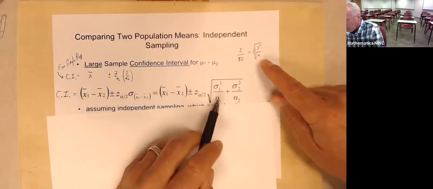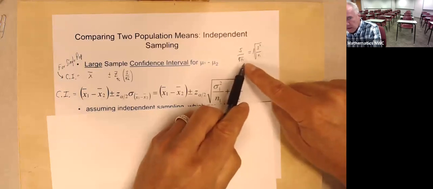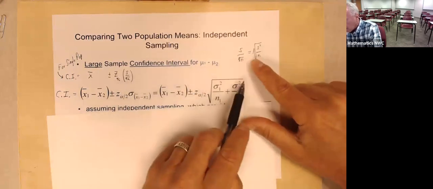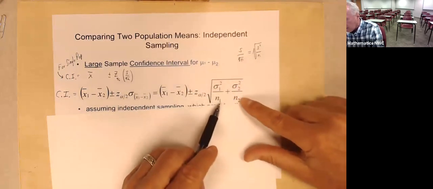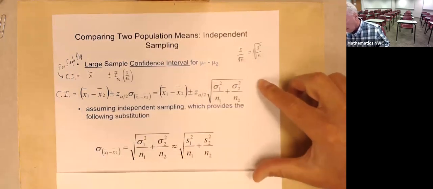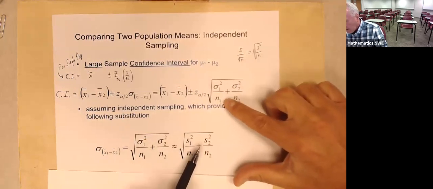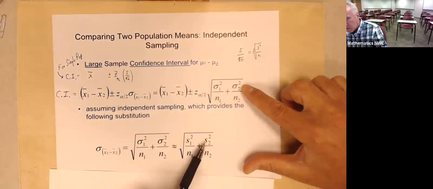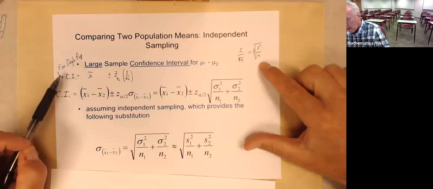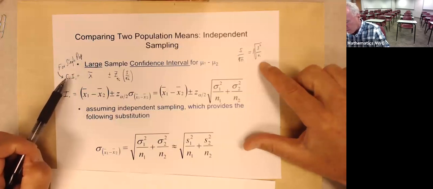Notice how that second expression, which is equal to the first, which we used for a single population, compares to this. This really is the same as S1 squared over N1 plus S2 squared over N2. It follows and compares well with our single population confidence interval.